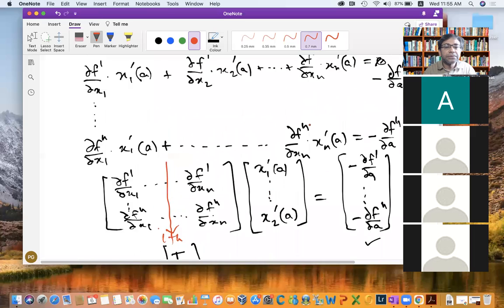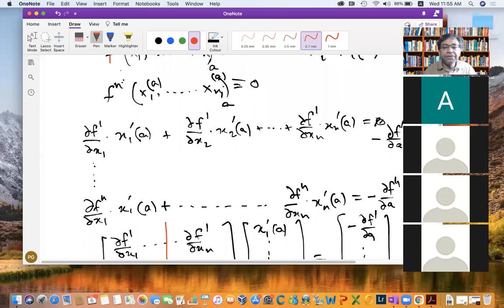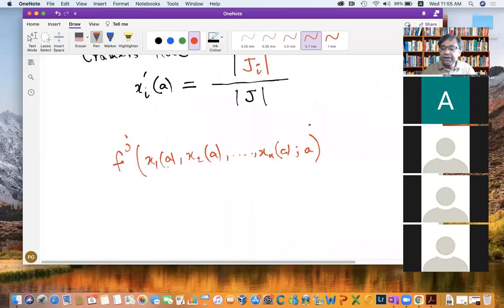If you differentiate with respect to A, the last term you will get is del Fj del A, and the first several terms are as I wrote down. All of that equals 0, so you take this to the other side, and it becomes negative.